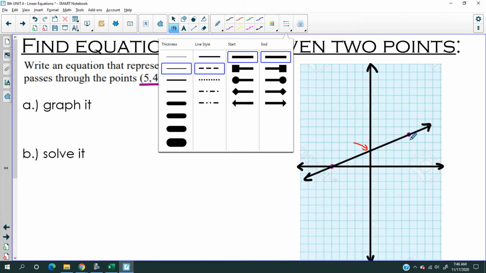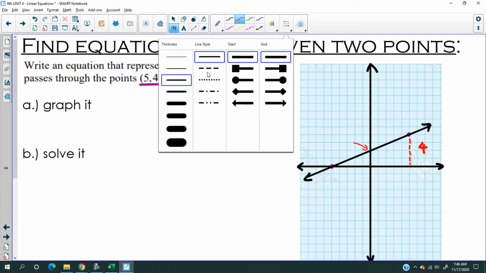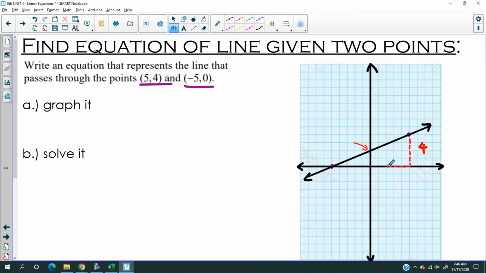It's a positive slope, so the rise is 1, 2, 3, 4. So rise is 4. And what's the run? The run is 1, 2, 3, 4, 5, 6, 7, 8, 9, 10.